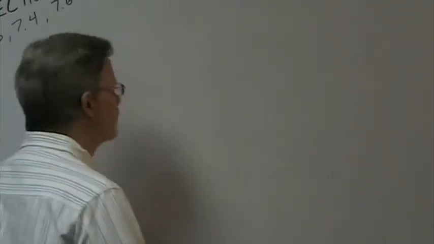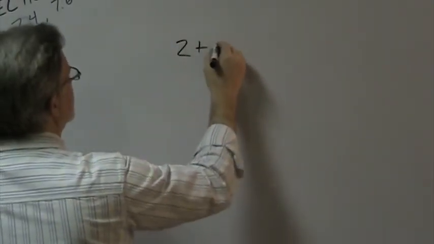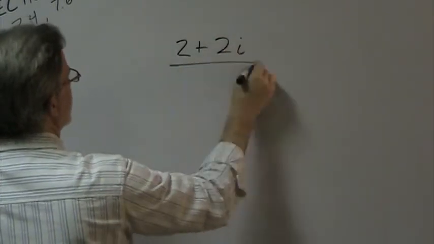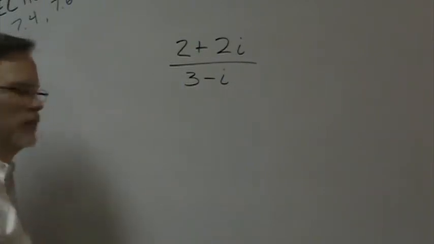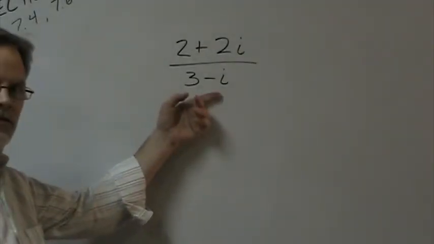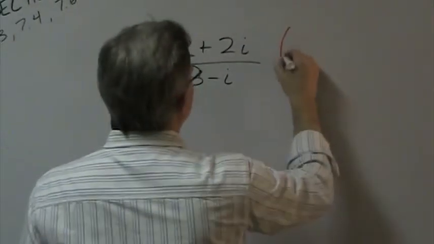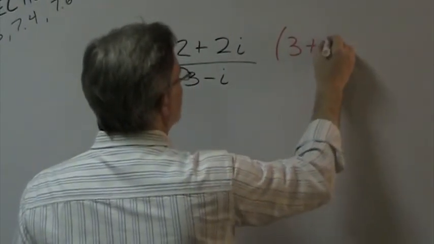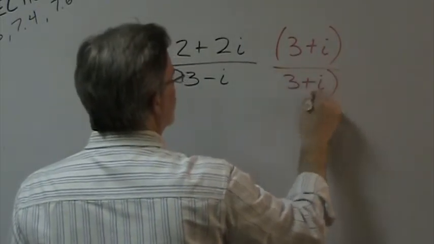What if we have something more like (2 plus 2i) over (3 minus i)? Well, we don't want to have an i in the denominator. So we're going to multiply top and bottom by 3 plus i, just like we did when we were dealing with radicals.